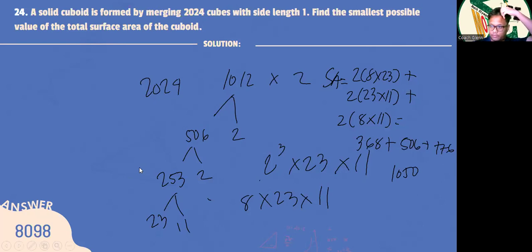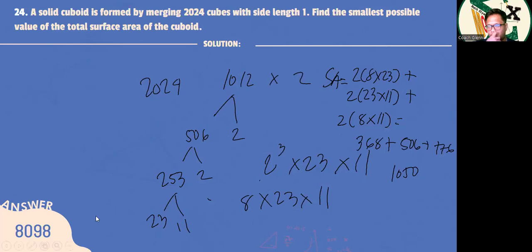Wait. What? He's looking for the smallest, not the largest. 8098 is the largest. So this is wrong.